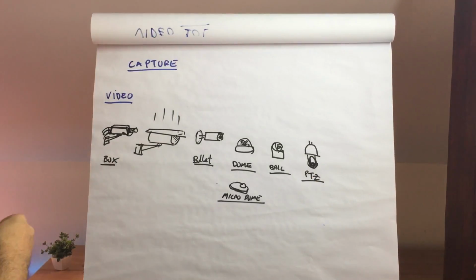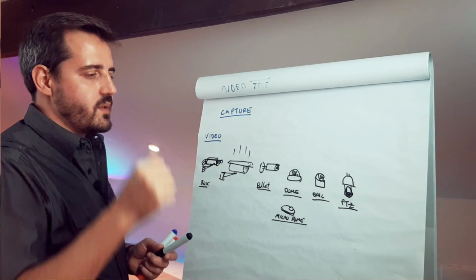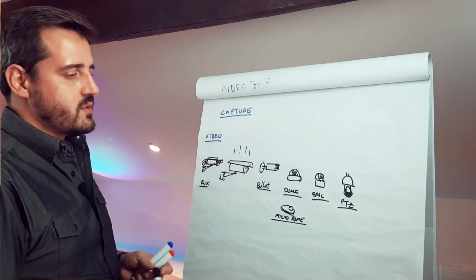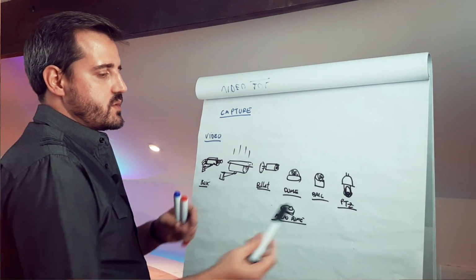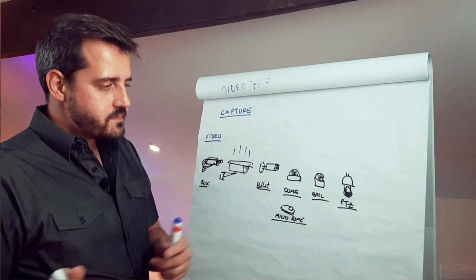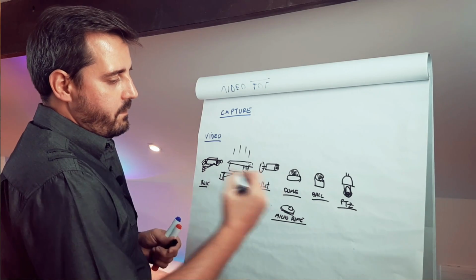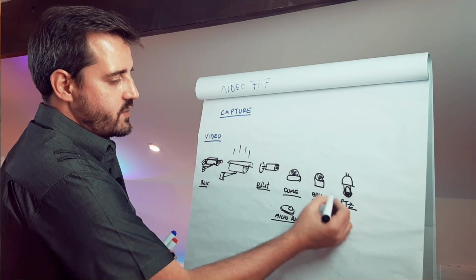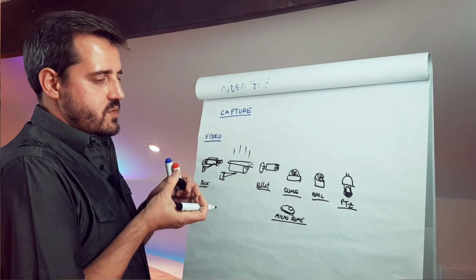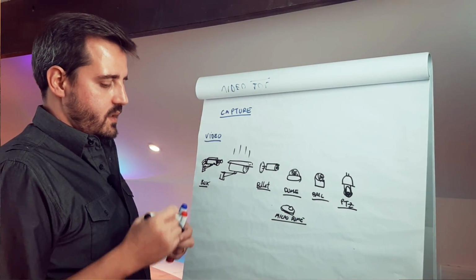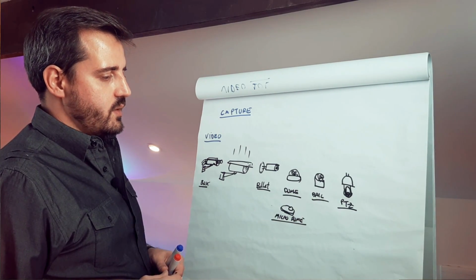The PTZ camera is the camera that you see moving around in any direction and zooming, etc. This type of camera is normally very expensive because we have motors that are able to move this heavy structure around, having the pan, the horizontal movement, the tilt, the vertical one, and the zoom.